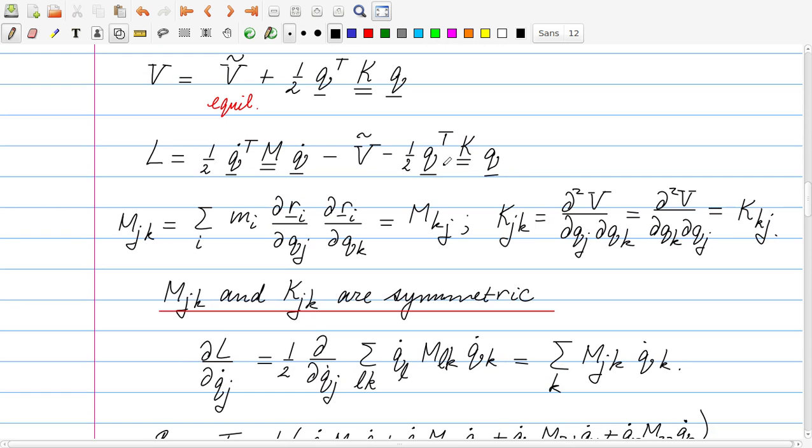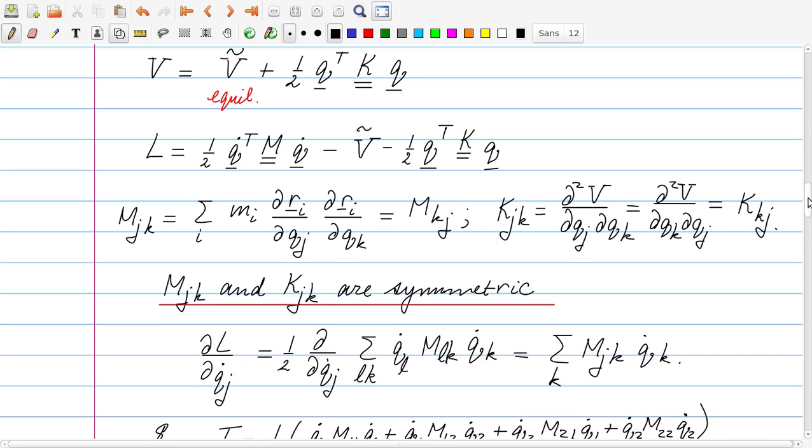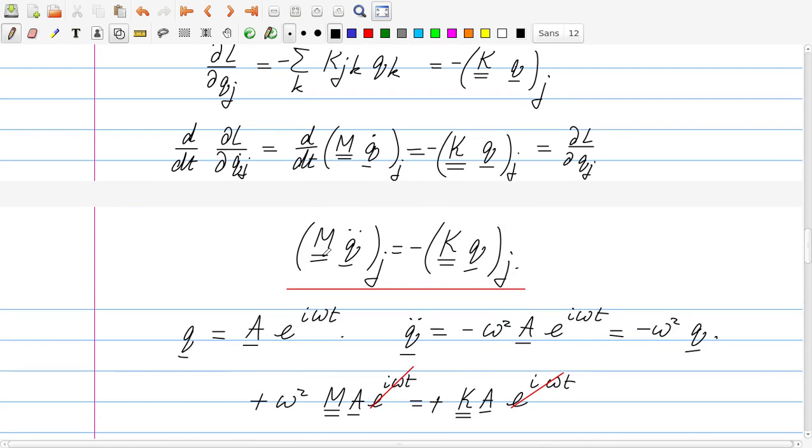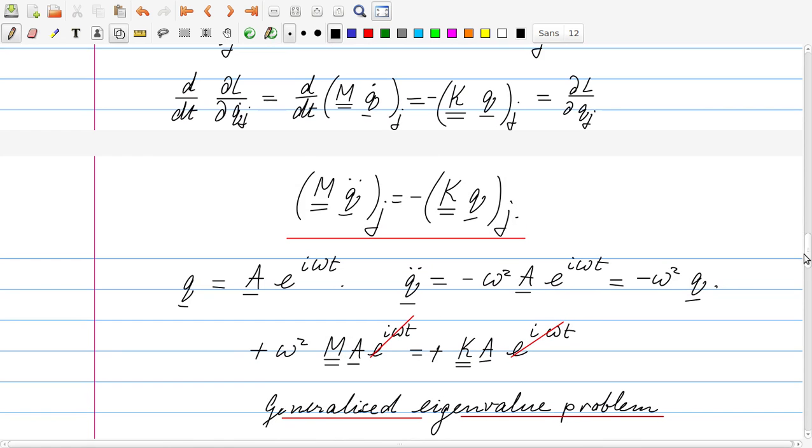And if you then evaluate the Lagrange equations and you use matrix notation, you find that they always have this form. You can find for these equations always a normal mode solution, which is this solution here. And if you plug that in, it turns out that you have to solve this generalized eigenvalue problem.